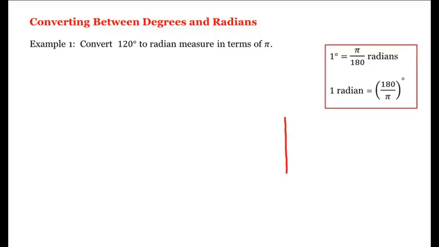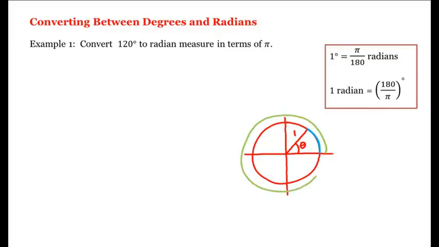Let's think of a unit circle. That is a circle with radius 1. Remember that the radian measure of this angle here is the length of this corresponding arc. So what would the radian measure be of one full rotation?